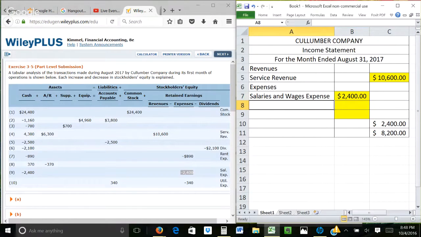We also had a rent expense for $890, and we also had a utilities expense. Forgive me if my spelling is erroneous.